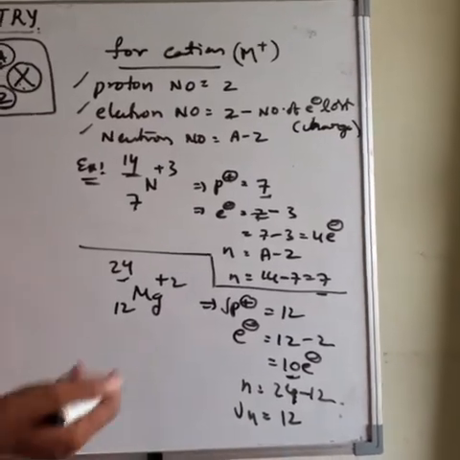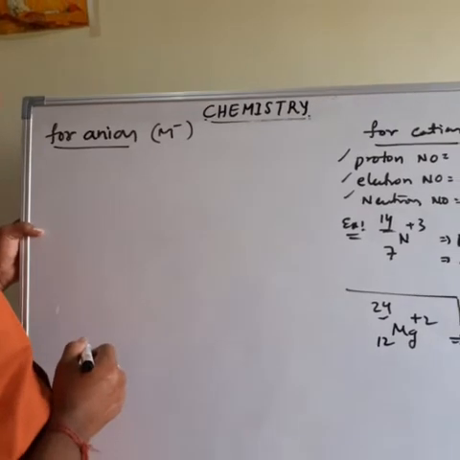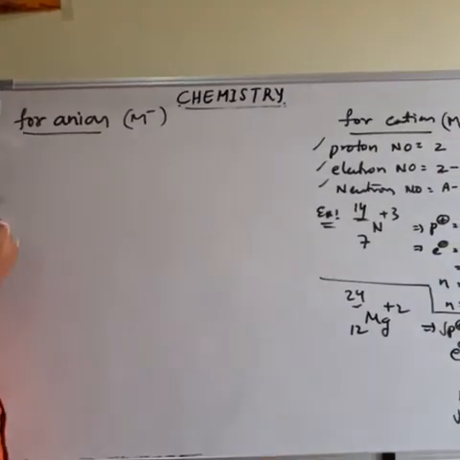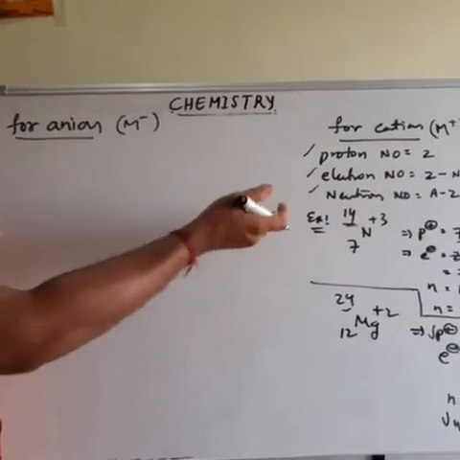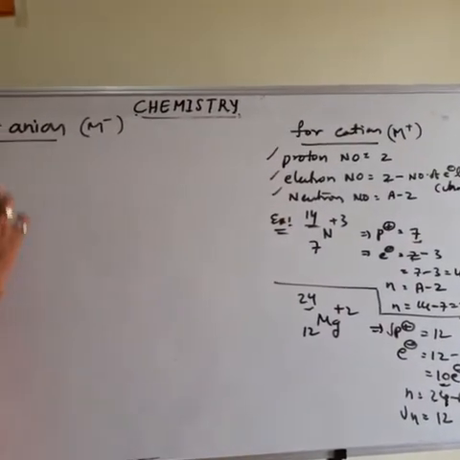The next one is anions. How many electrons, protons, and neutrons are present in an anion? Just now we discussed the electron, proton, and neutron numbers for the neutral atom and cations. Next, anions.